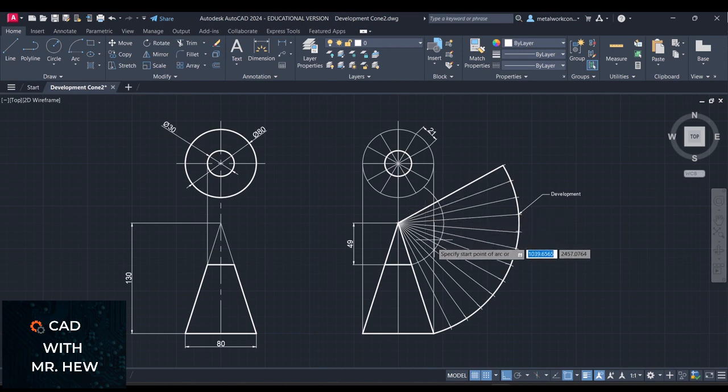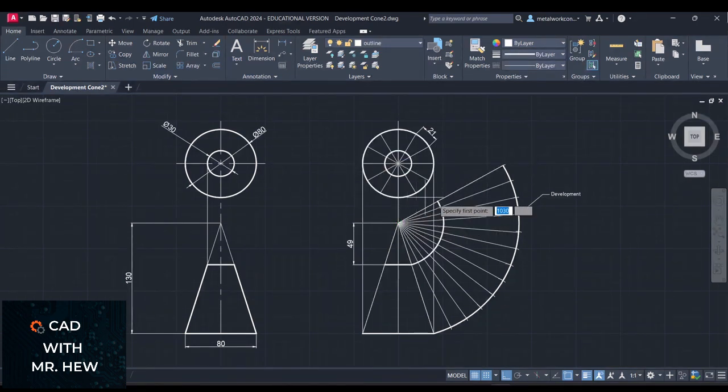All right, so that is the arc. I'm going to remove this little excess piece because it is beyond the development that we need, because the last point will be at this line.